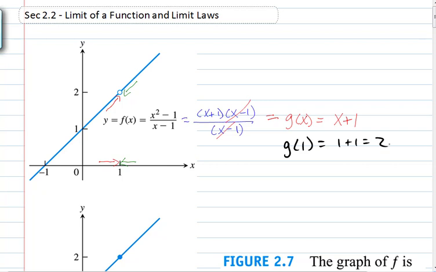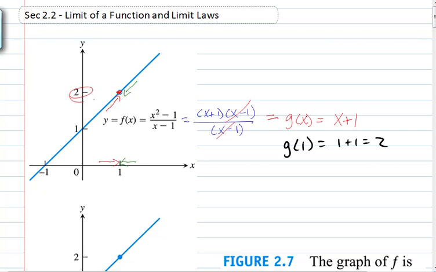So algebraically, the limit as x approaches 1 is going to be equal to 2, and also by looking at the graph. As x gets closer and closer to 1, the y value here is getting closer and closer to 2. Does that make sense? That's what a limit is, essentially.